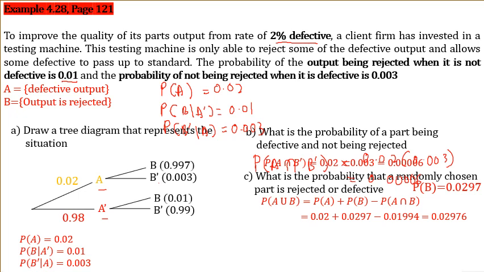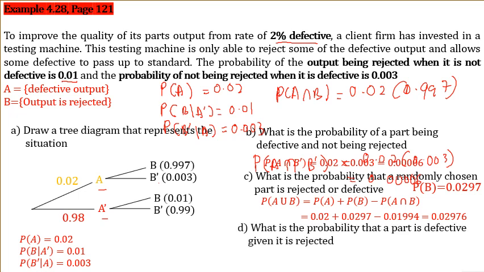So P(A) is 0.02, P(B) is 0.0297 and minus P(A and B). P(A and B) is from here, A and B, 0.02 times 0.997. We got the answer 0.01994.